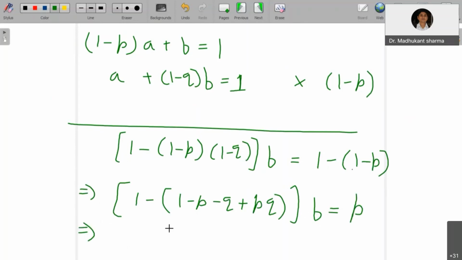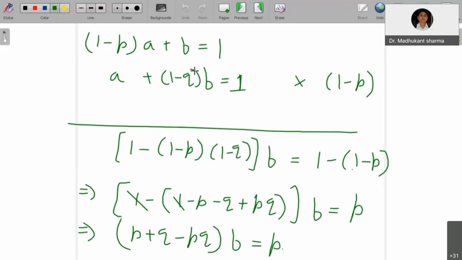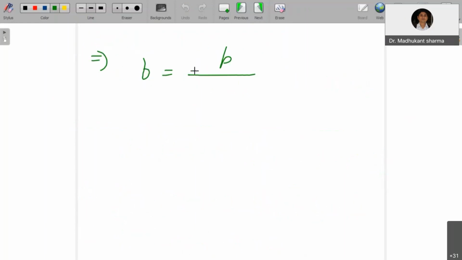So 1 will get cancelled, and you have p plus q minus pq times b equals p. So this implies b equals p divided by p plus q minus pq.